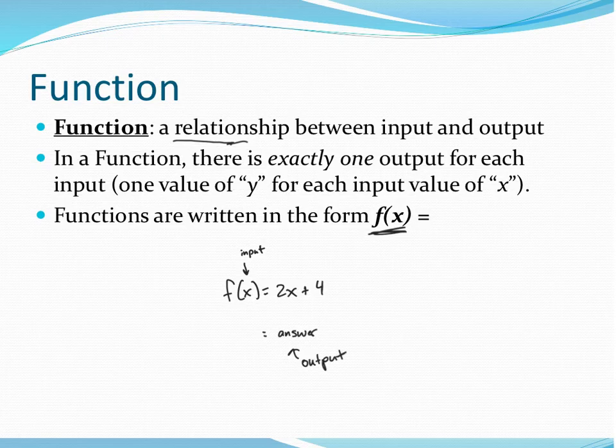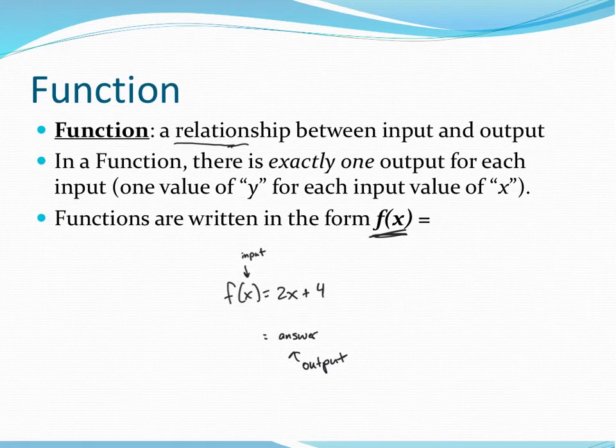So keep that in mind. Input is whatever variable you're plugging in. Output is your answer, or f of x itself. This whole f of x, like I said last time, is just another way to write y. So your output is y or f of x.